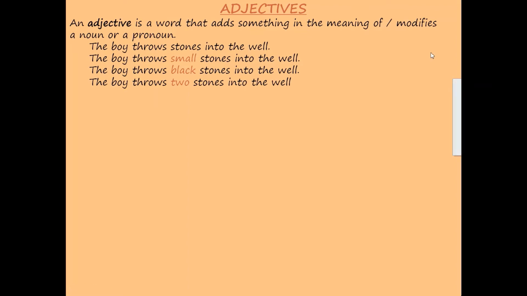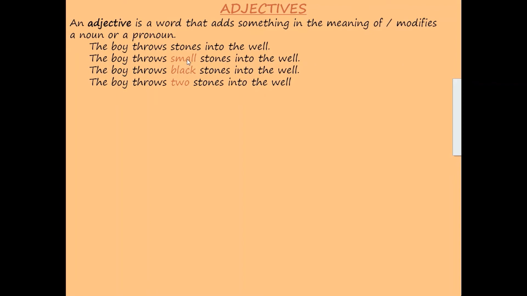Now, what we notice in these sentences, stones are a noun. In the second sentence, stones are small here. So we can see that something is added in the meaning of stones using this adjective. And in the third example as well, black stones. So stones are black now. So it modifies stones here. It changes the meaning of stone.